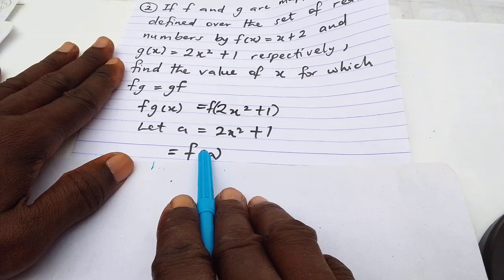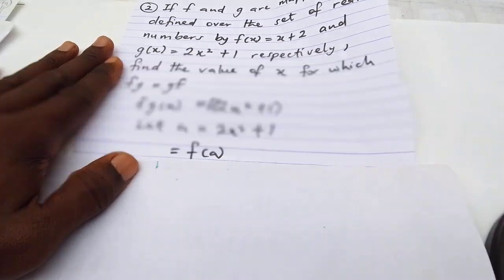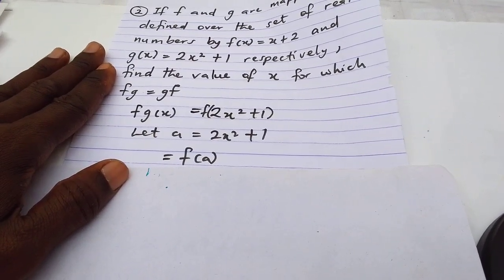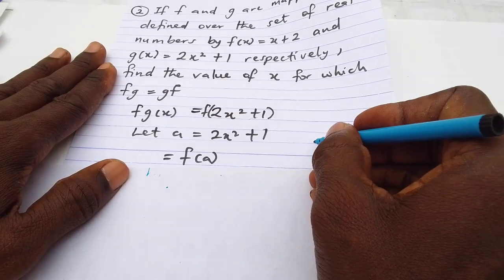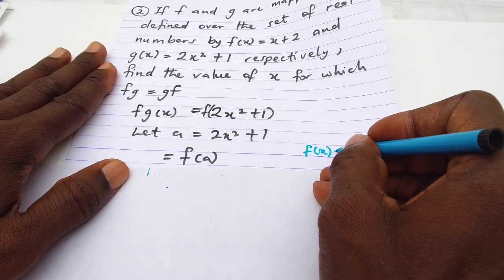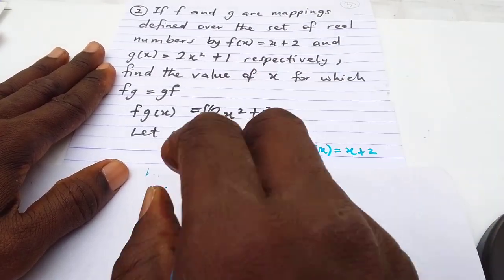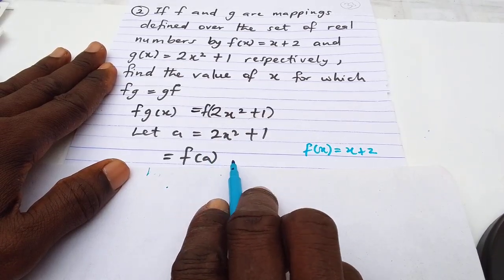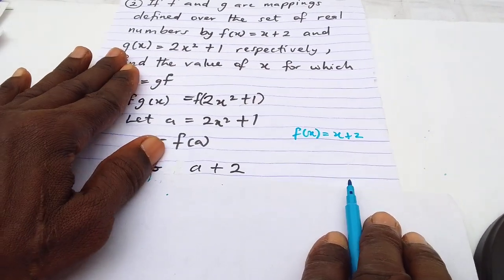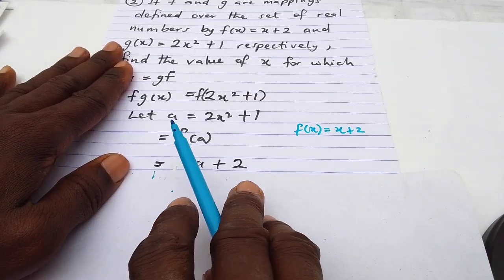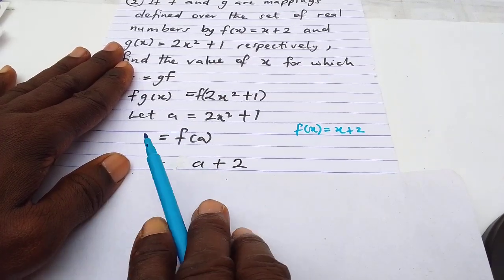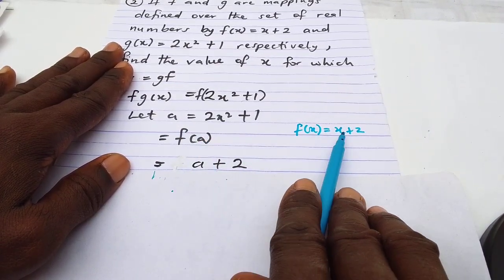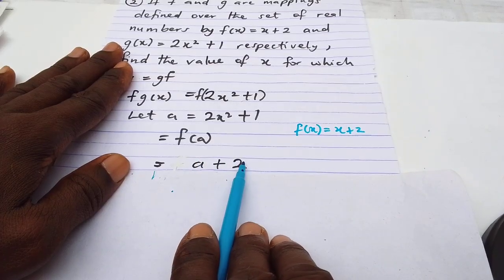So that means f of a. Now the mapping of f is what? x plus 2. The mapping of f is x plus 2. So since I'm having a here, I'm going to substitute a for x here. So for me to remove this f, I'll substitute a into this mapping, which will give me a plus 2.